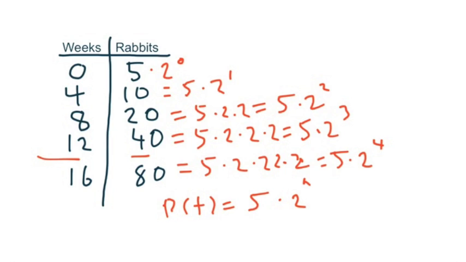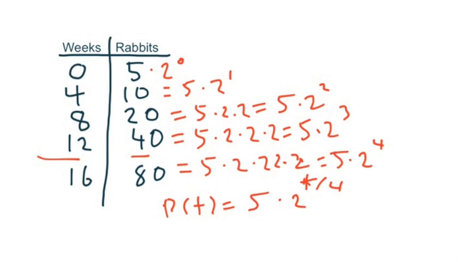Oh, and I picked n instead of t. Really, that should be a t. You just need to change t to t over 4 to get this in weeks, because it doubles every 4 weeks. So if you had t equals 4 here, you would have p of 4 equals 5 times 2 to the 1, because it's 2 to the 4 over 4.